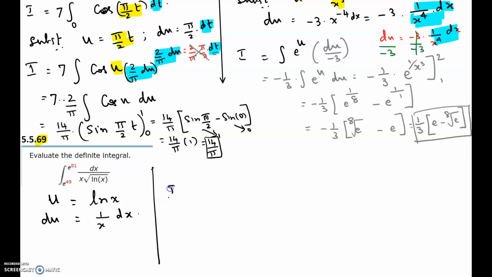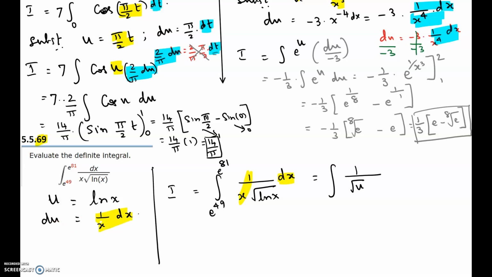So the given integral I, which is the integral from e to the 49 to e to the 81 of 1 over x times square root of ln x dx, can be written as the integral of 1 over square root of u, and then 1 over x dx is du.